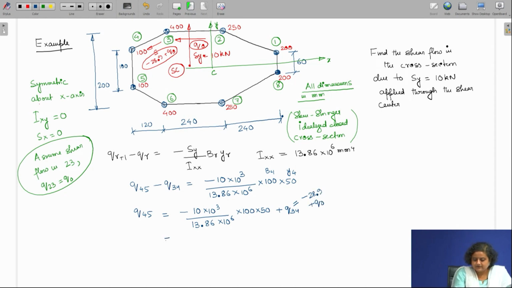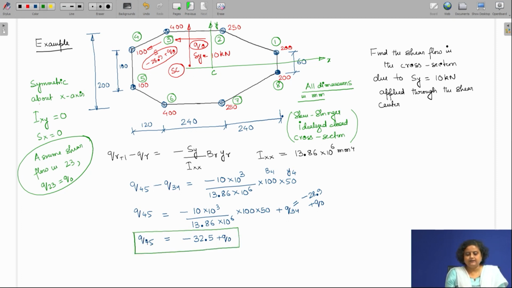Now if we evaluate this, this is going to be minus 32.5 plus Q0. So this is Q45. Similarly, we can find out the shear flow in each portion of the cross section. So let me skip these steps and try to find out the shear flow in each of the cross sections and write it down in this figure.